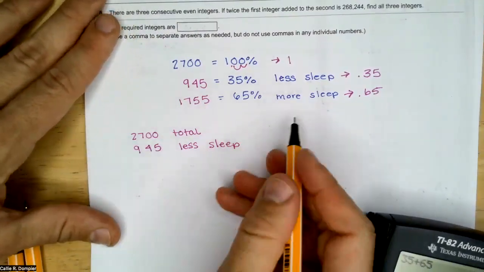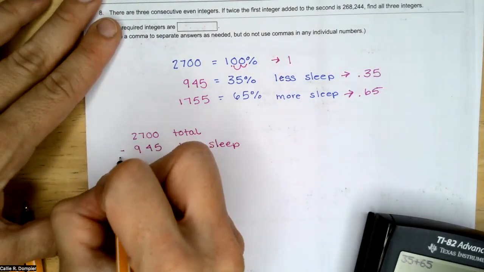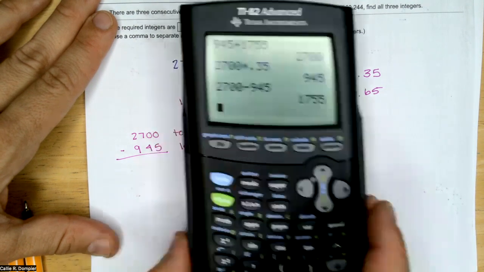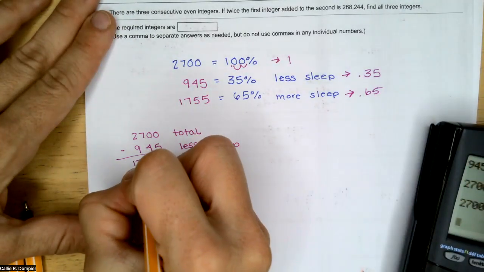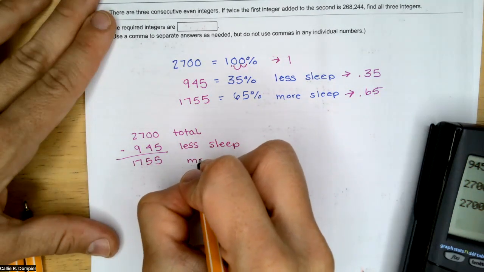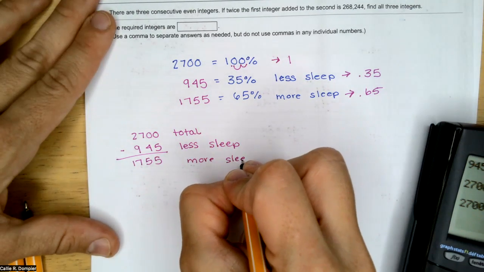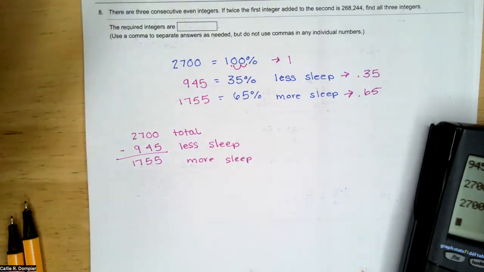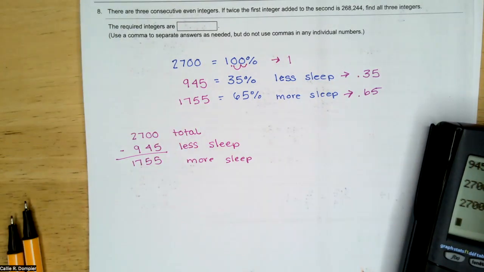And I know that they want to know how many got more sleep, so I can just subtract those numbers. 2,700 minus 945 is 1,755. Get more sleep. So you can subtract the actual percent, or you can subtract the number after you've multiplied it by the percent. Either way, it's 1,755 students.